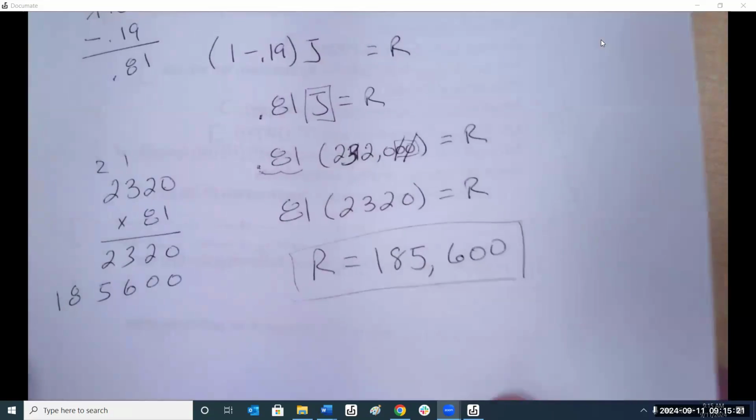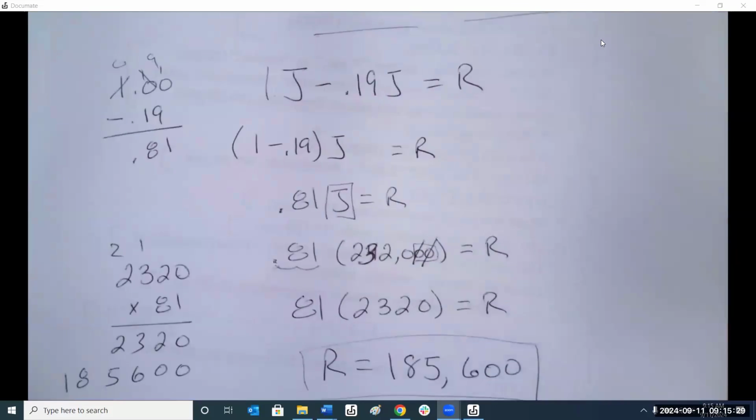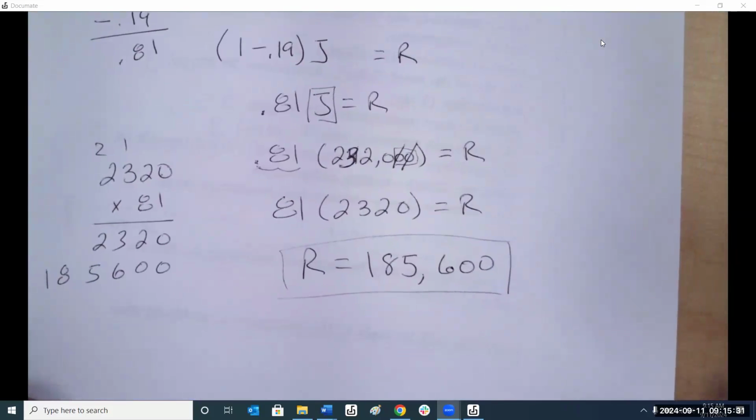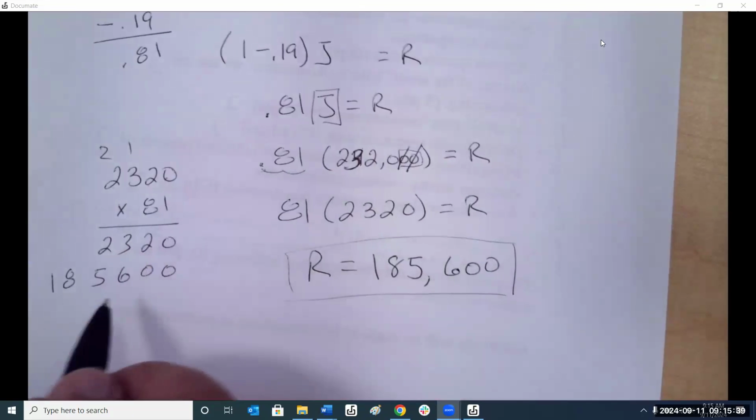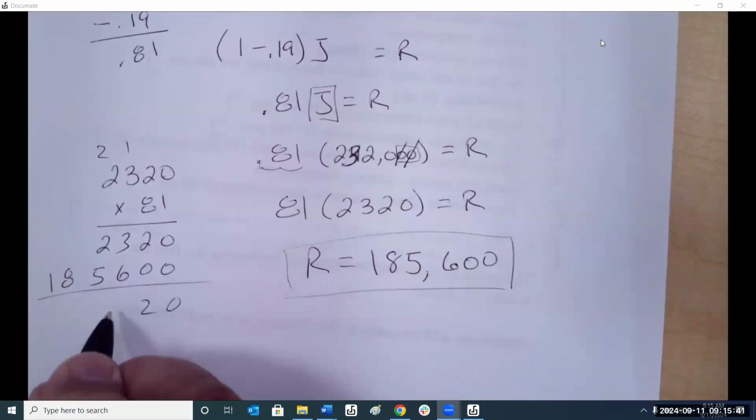All right, let's look at example 6. So maybe I just haven't done multiplication by hand in a while. Would you add the 2320 and the 185,600? Oh yeah, it would. Good. You're right. Okay, all right, I'm glad.